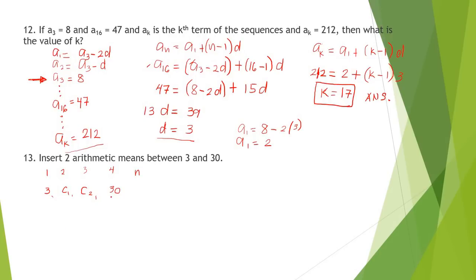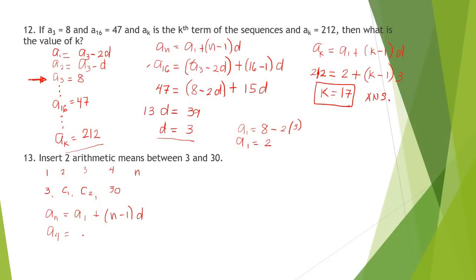Now we know our fourth term, so again we'll use this formula. An is equal to A1 plus n minus 1 times D.